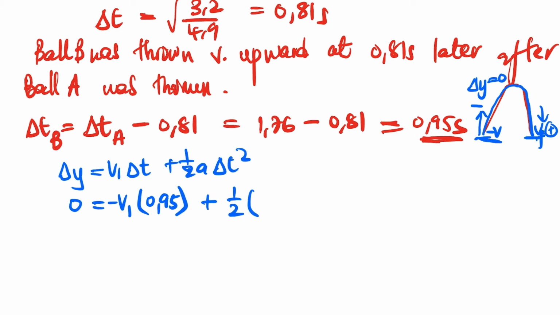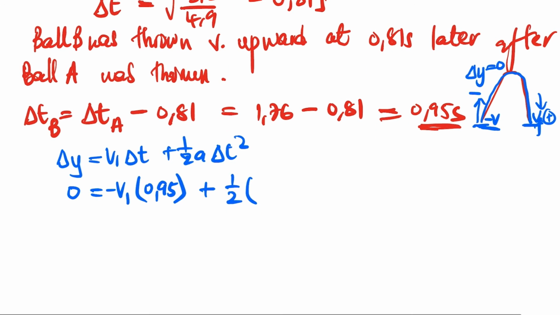Guys, because we're dealing with the ball that is moving up, you might think the acceleration changes from the previous calculation, but no, it's going to be the same. Our acceleration will stick to positive 9.8, and then the time 0.95 squared.